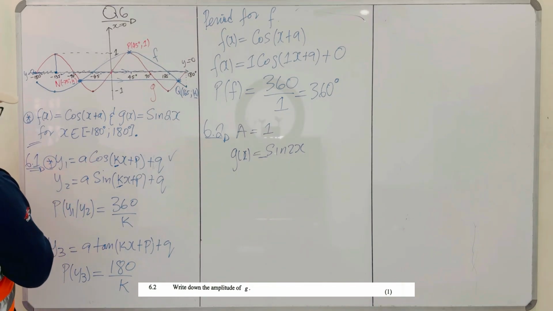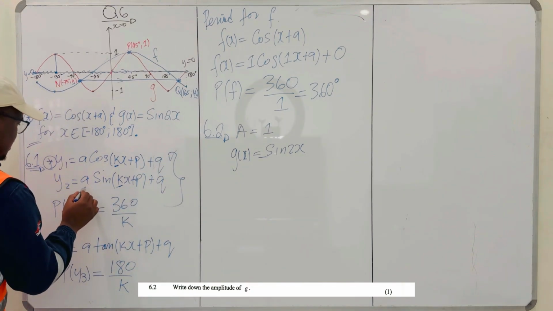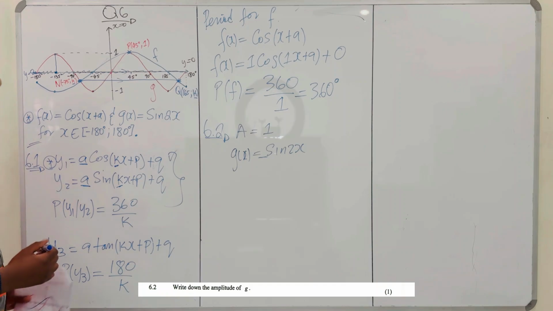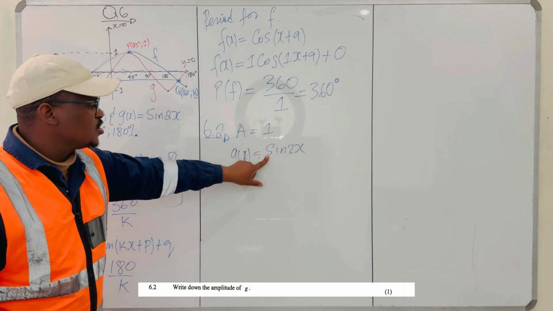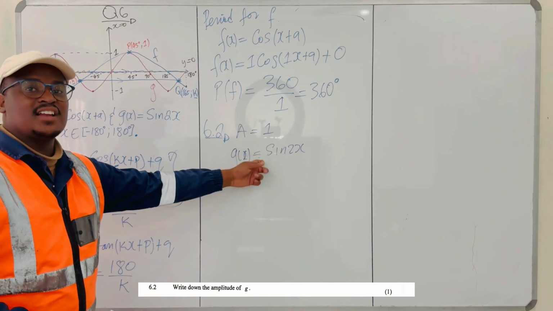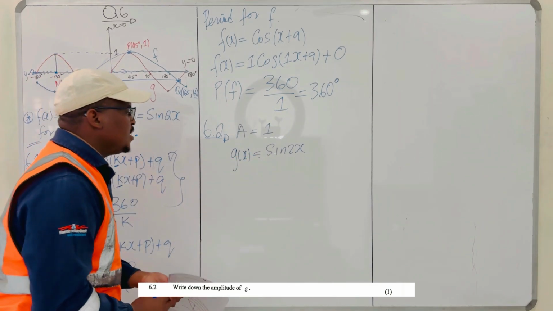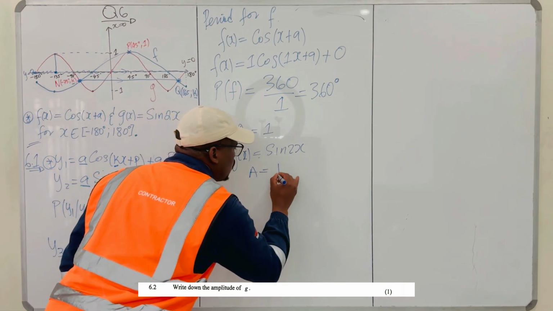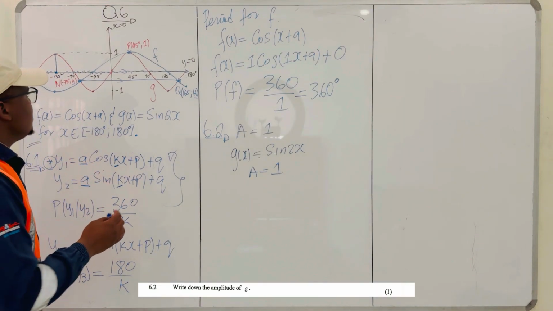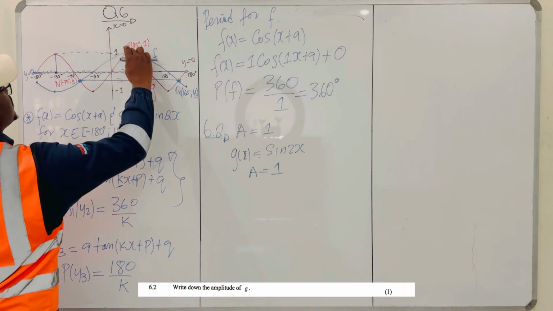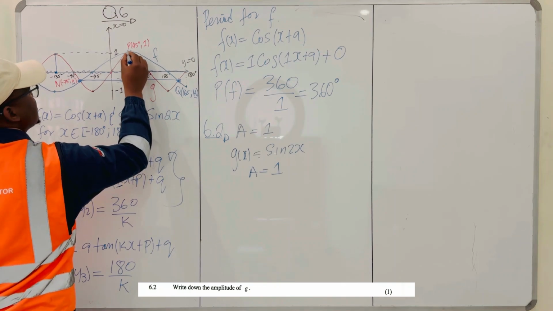What is the number in front of sine there? It's 1. So you could have looked directly from this and seen that your amplitude is 1. That's the second way you could have looked at it, if you don't want to measure it from here or from there, because it is still the same thing.